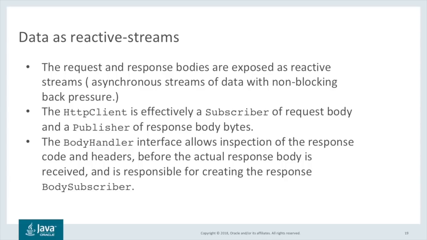The HTTP BodySubscriber is a subtype of Flow.Subscriber, and the HTTP client acts as a publisher of response body bytes. There are a number of factories for creating body publishers and body subscribers for most common use cases, like publishing request body from a string or from a file, or converting response body bytes into a string or streaming them to a file.